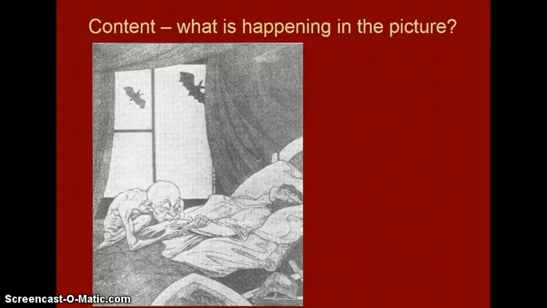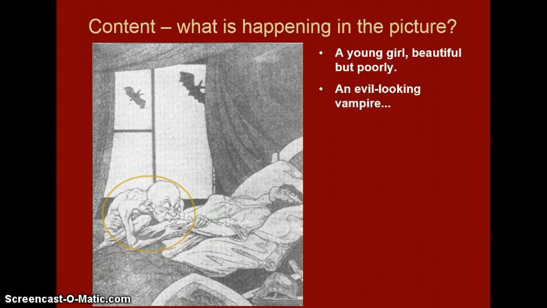How about the content? Let's look at what is actually happening in the picture. Well, we see a young girl, beautiful, but fairly sick. We see an evil-looking vampire. This vampire is sucking the girl's blood.